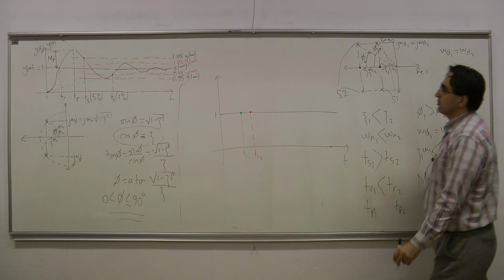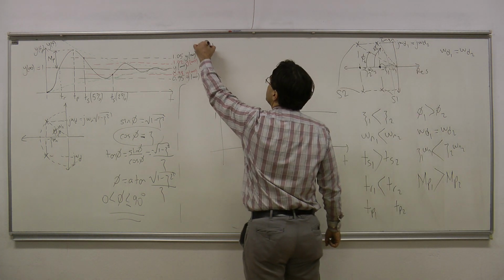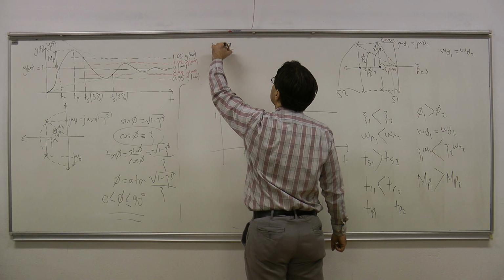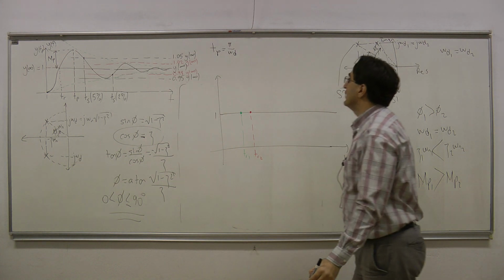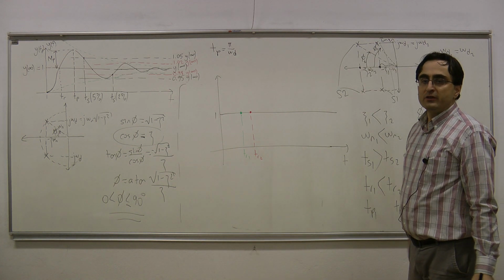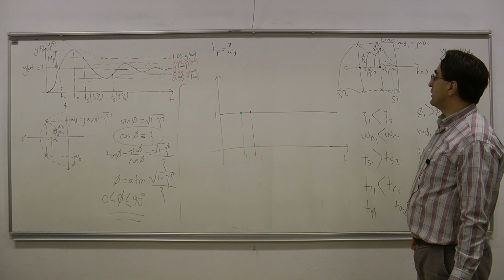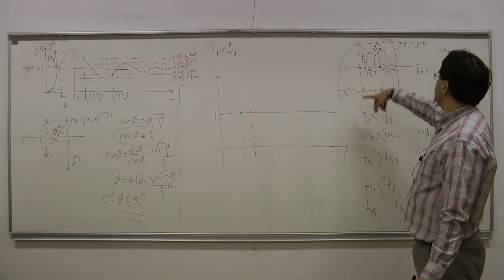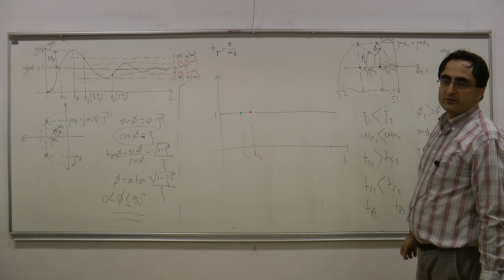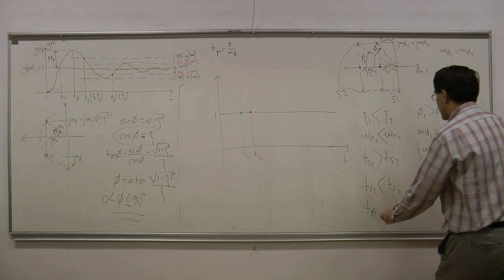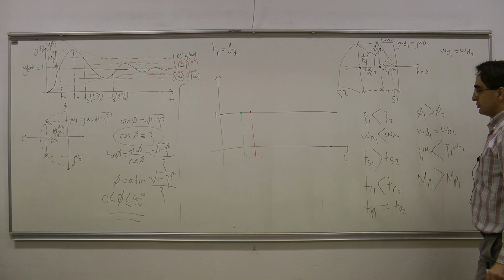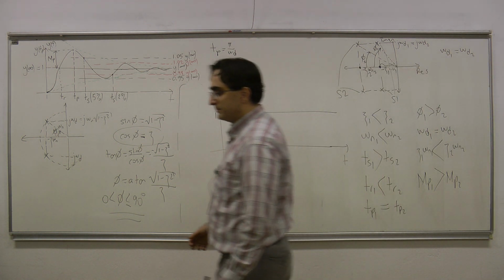Remember the formula for the peak time: TP is pi over omega d. So the peak time is only related to the imaginary part of the poles, and for these two systems, the imaginary parts are the same. That means the peak times of these two systems should be the same.